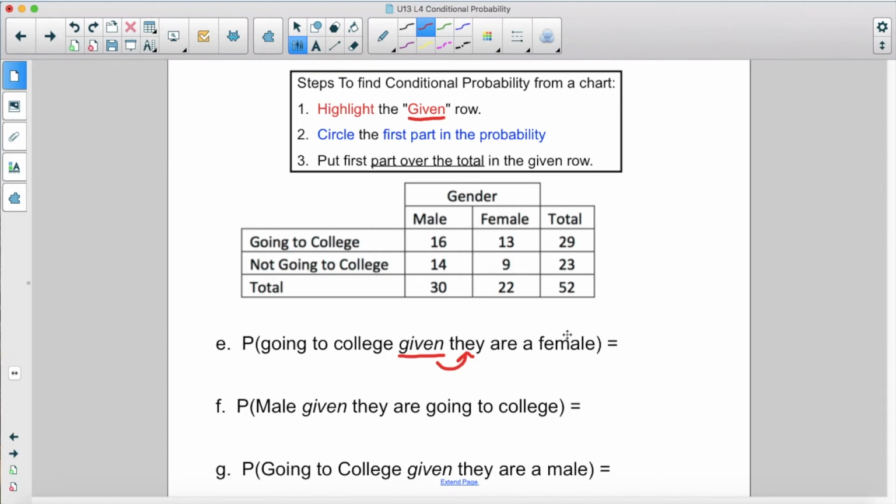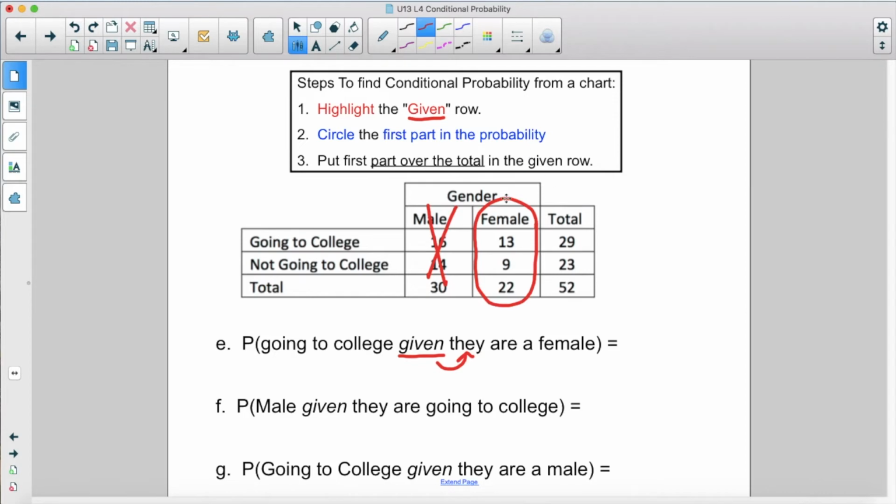So let's look at part E. It says the probability of going to college given they are female. What this means is we're not looking at the male column whatsoever. Okay, we are only looking at the female column. So this is what I mean by highlight it. You can highlight it with a highlighter if you have one, or you can just make a big circle around the whole thing.